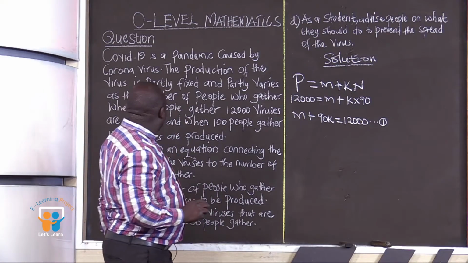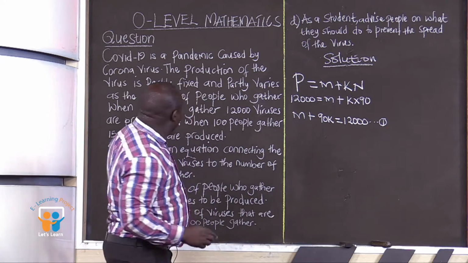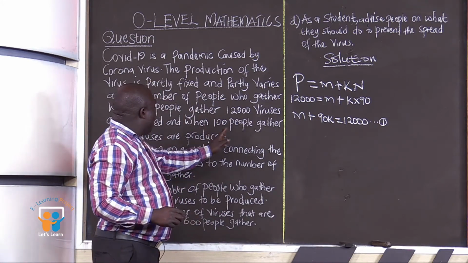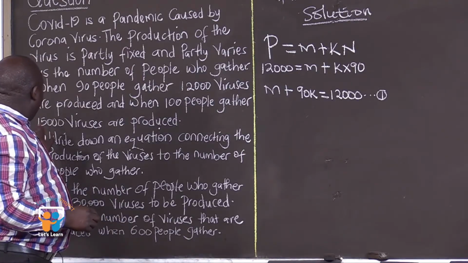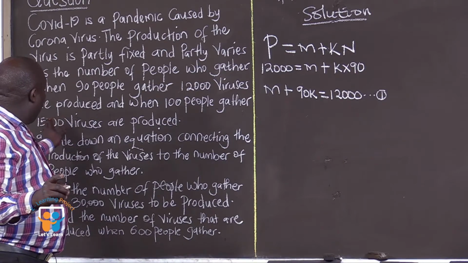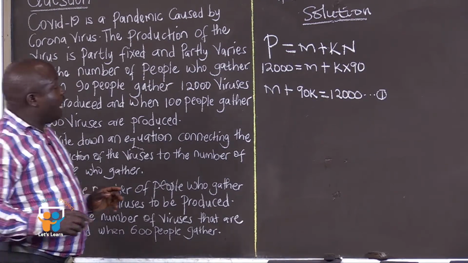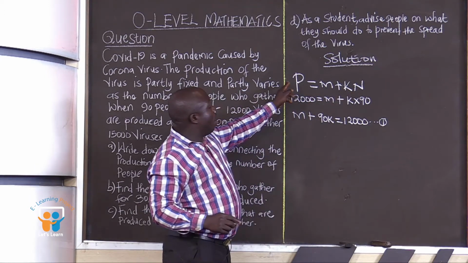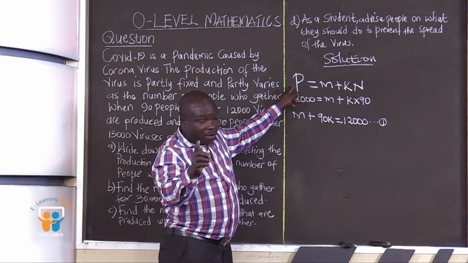We go on. The question is still proceeding. They are saying, and when 100 people gather, 15,000 viruses are produced. Meaning that now our N is 100 and our P is 15,000.